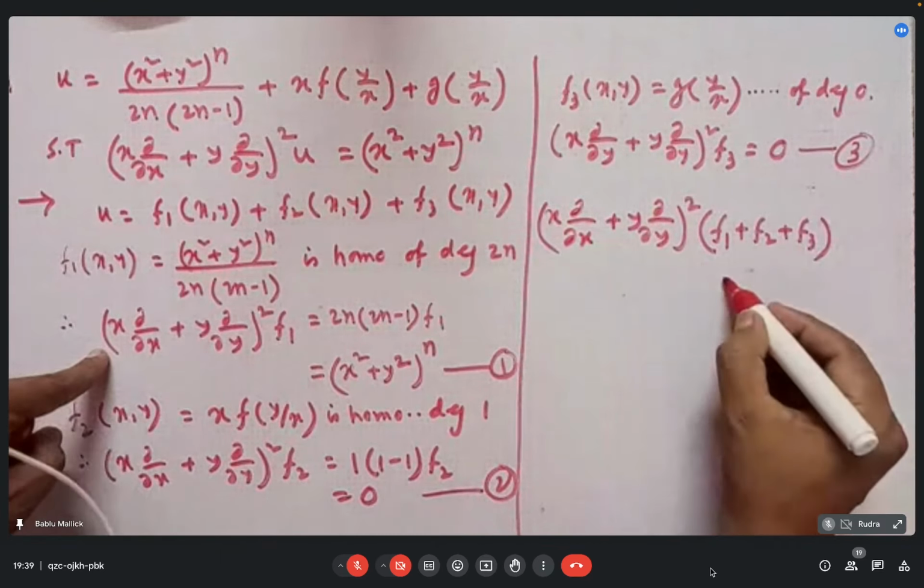And this f1 plus f2 plus f3 means u. So this implies x into del x plus y into del y, this whole square of u is equal to x square plus y square whole to the power n.